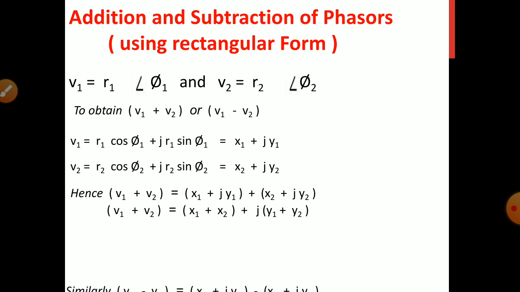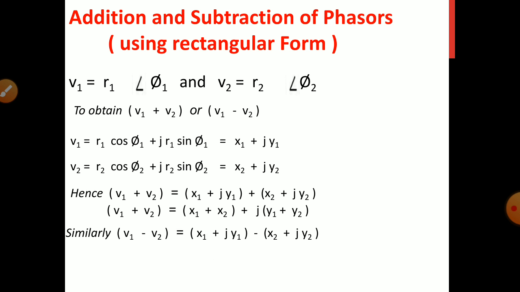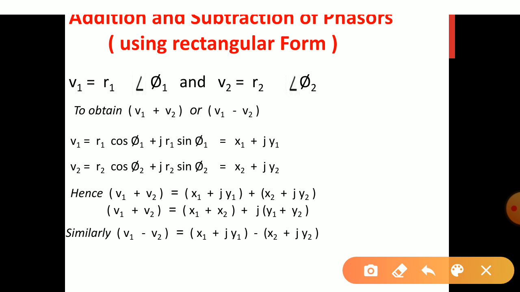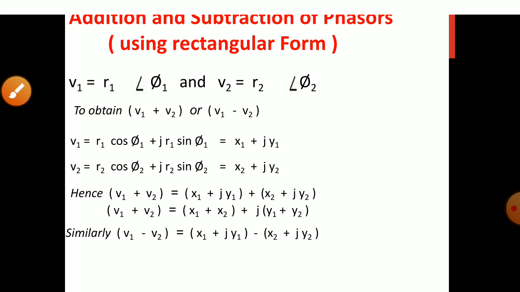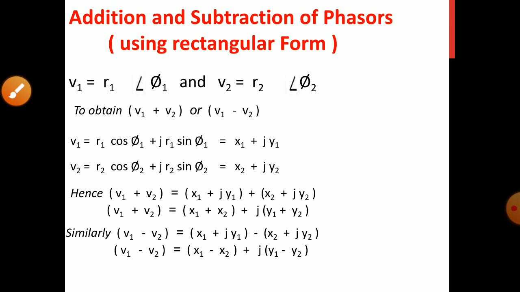Similarly, in subtraction, two signals could be subtracted. So the real part will be subtracted from the real part, so x1 minus x2, and as the minus sign is outside the bracket, take j common, y1 minus y2. So these are both the equations of addition and subtraction.